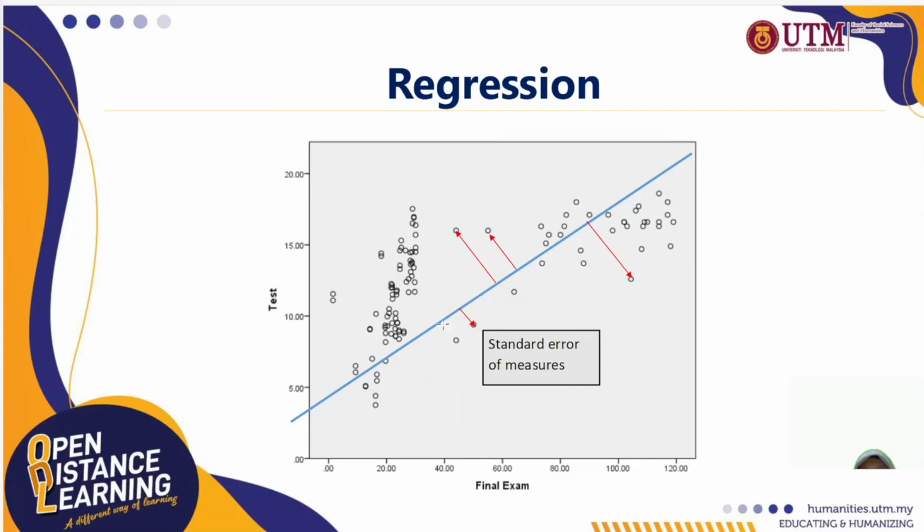It means that if all the data lies on the straight line, the standard error of measures is very low or almost zero. While here, there is a slight error of measures because the data does not fall on the straight line.